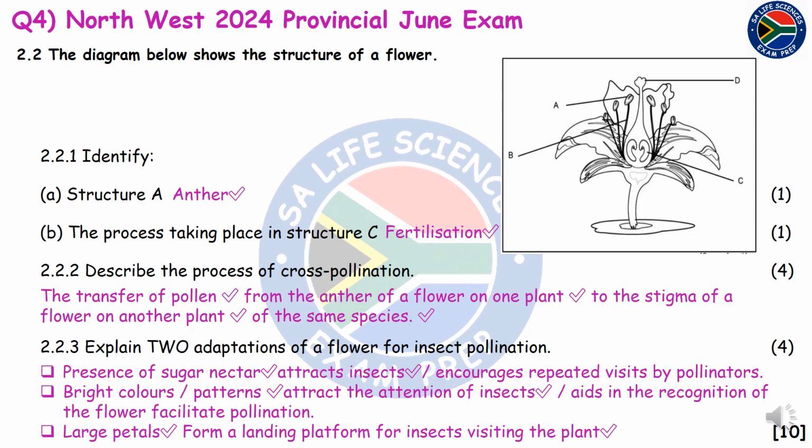So you cannot simply say that it is the transfer of pollen from the anther to the stigma. This answer would be defining both types of pollination. So you have to state that it is from the anther of one plant to the stigma of a different plant or of another plant.